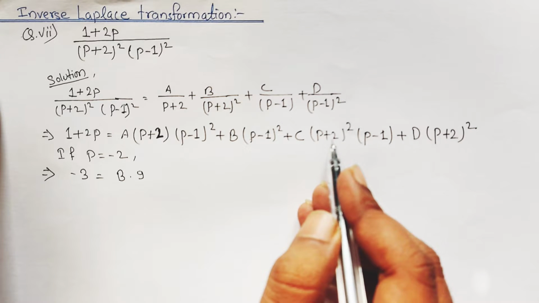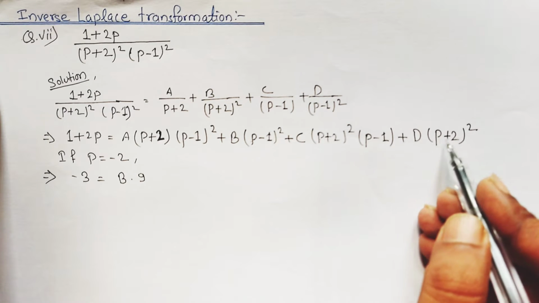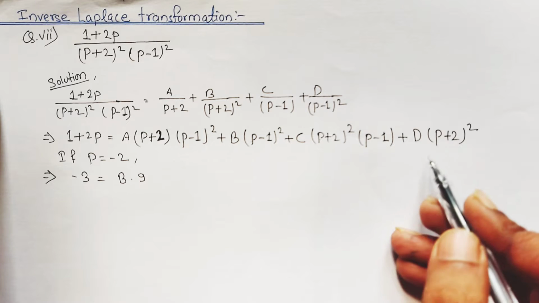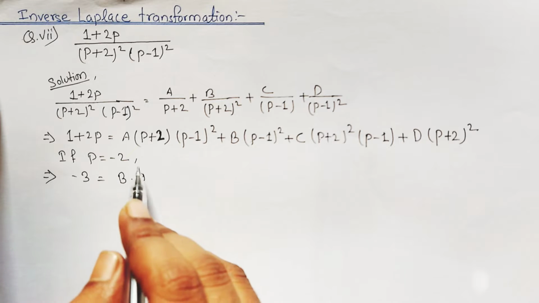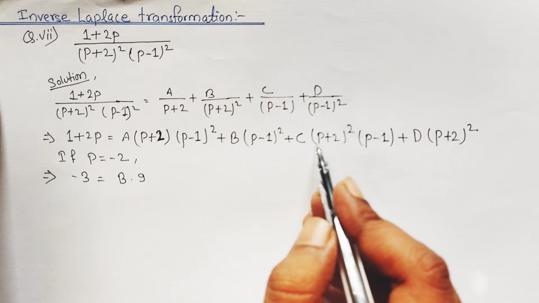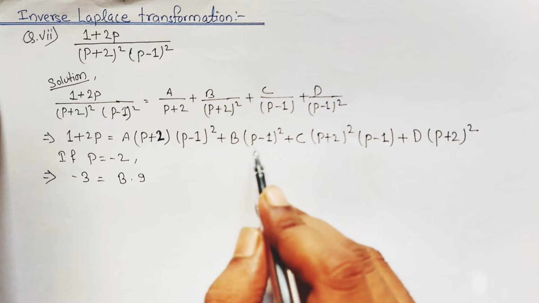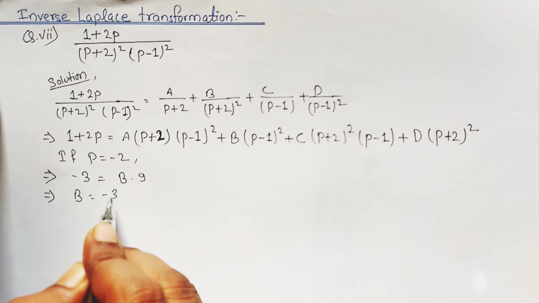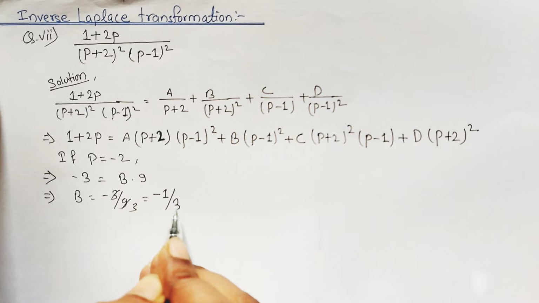The C term and the D term also become 0. So from here we have B equals minus 3 upon 9, that is minus 1 upon 3.